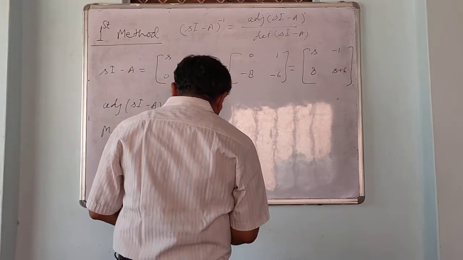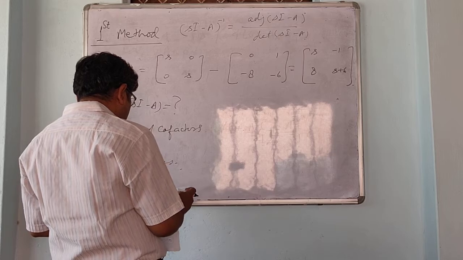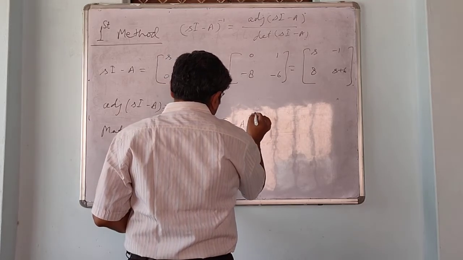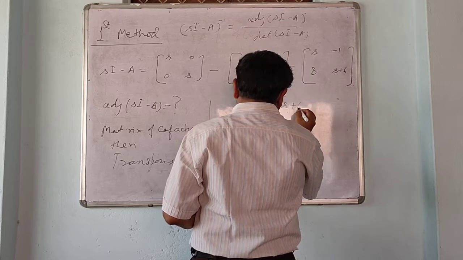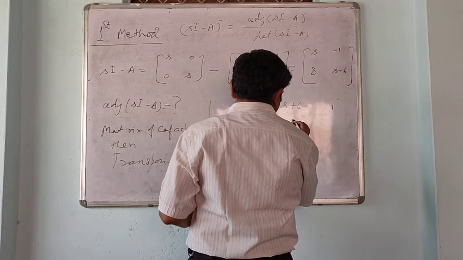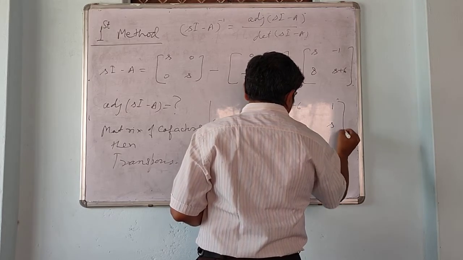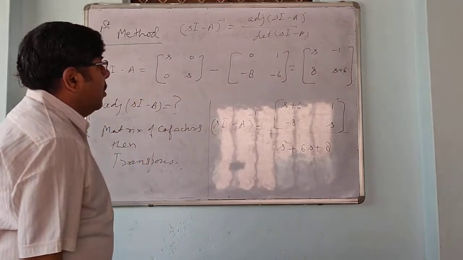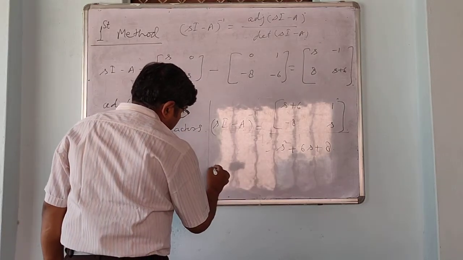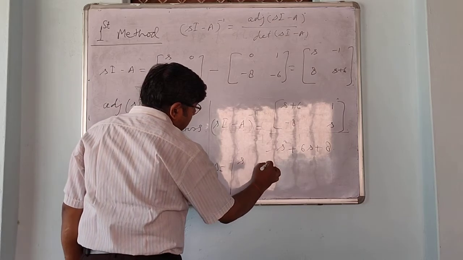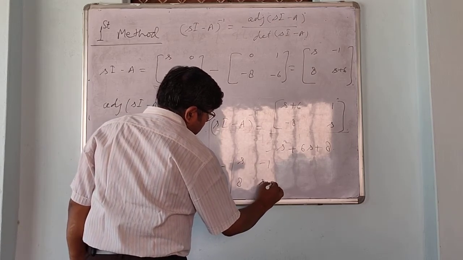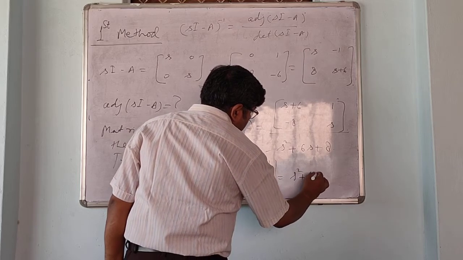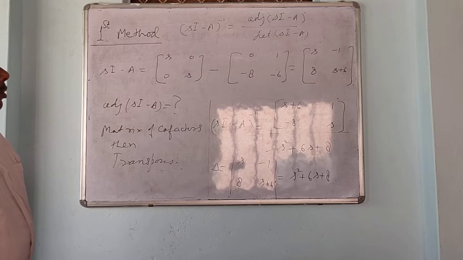After that, the inverse is obtained as s plus 6, 1, minus 8, s, divided by the determinant. We can calculate the determinant of this matrix, s, minus 1, 8, s plus 6. After calculation, we will get s square plus 6s plus 8. So this is the inverse.